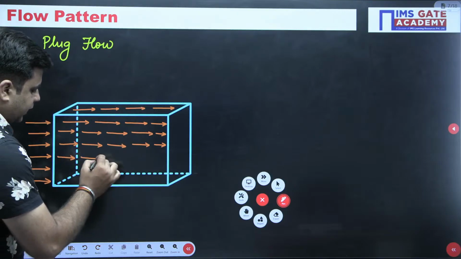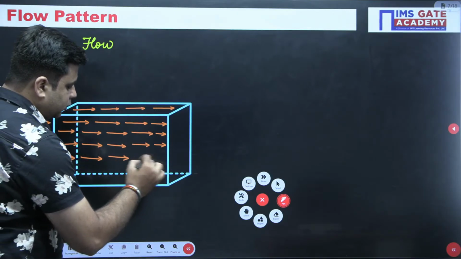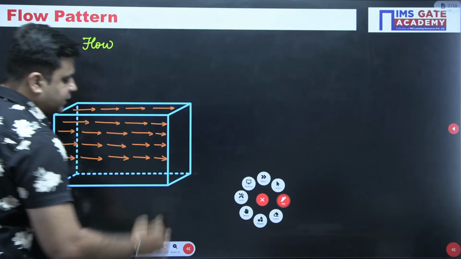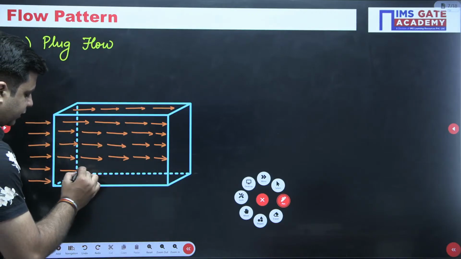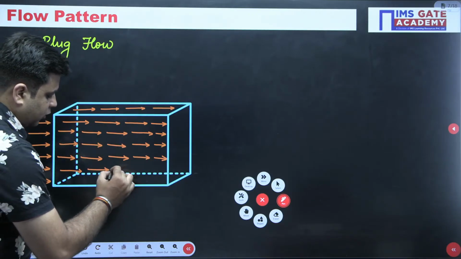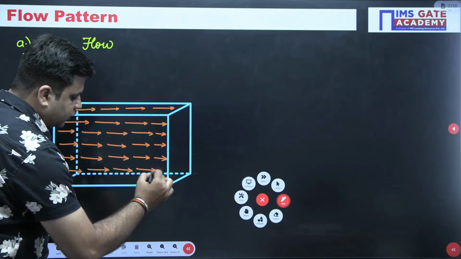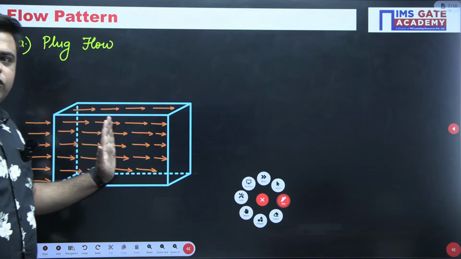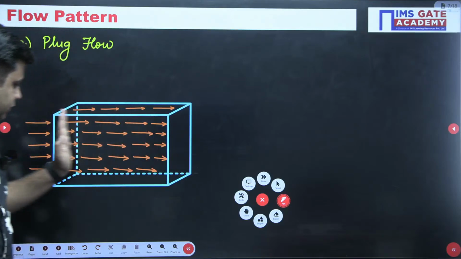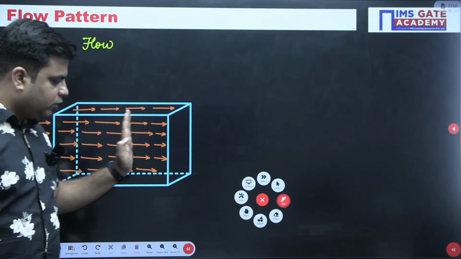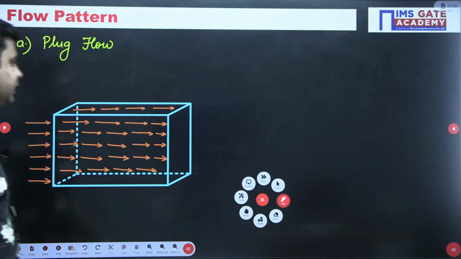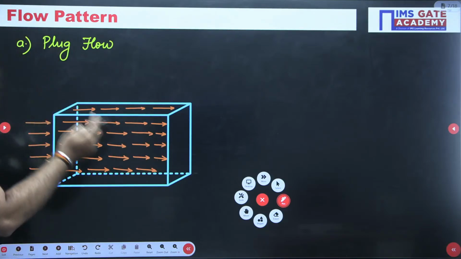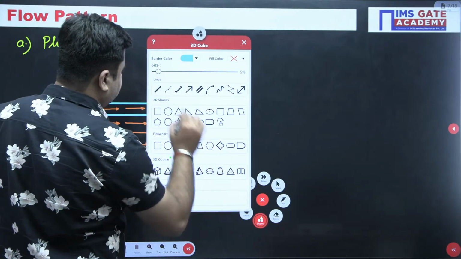This is termed as a plug flow. So what is the characteristic thing about plug flow? In plug flow, there will be no mixing of the wastewater. The wastewater will flow as it is, like this. There will be no mixing in the plug flow. So plug flow does not have mixing.